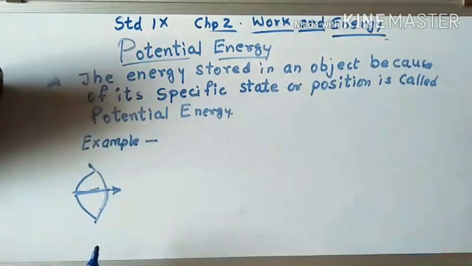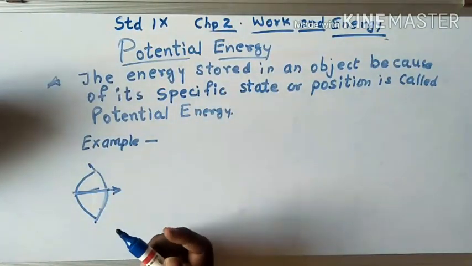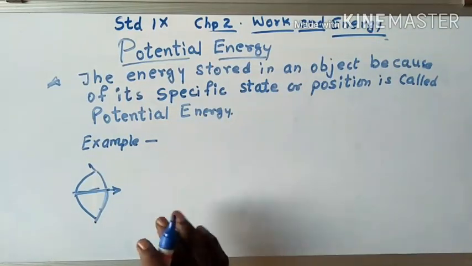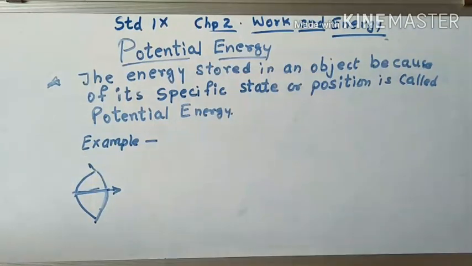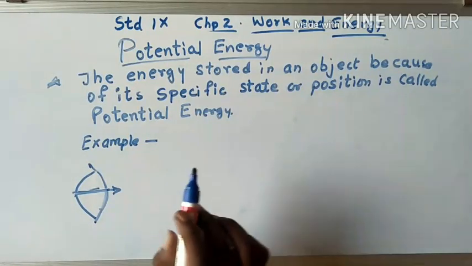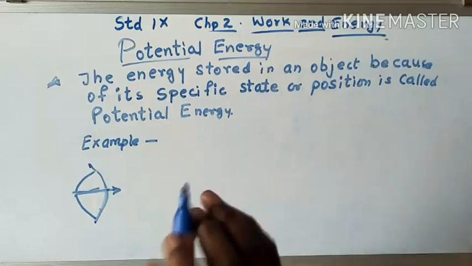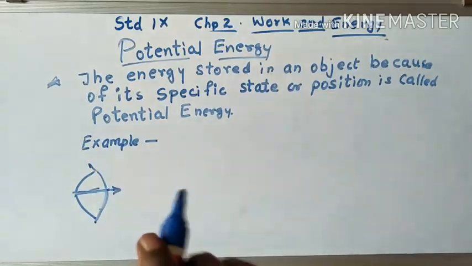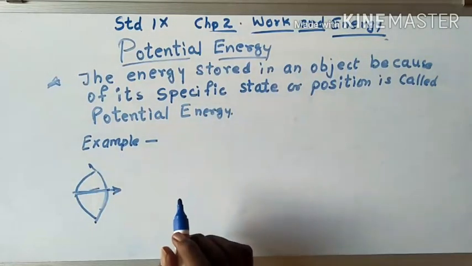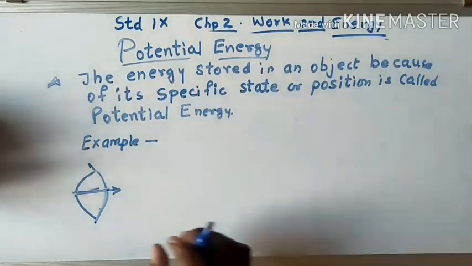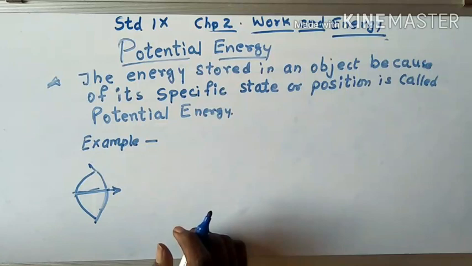But when it is released, it is kinetic energy. Now water is stored in a dam. Water kept at a height flows through a pipe into the tap below. So the water which is stored, that is potential energy. A compressed spring is released. It is due to potential energy.